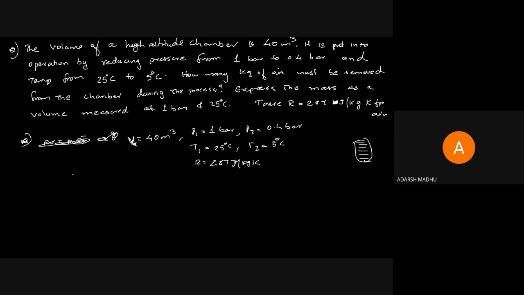Initially we have the equation PV equal to MRT for ideal gas. So P1V1 equals M1RT1.